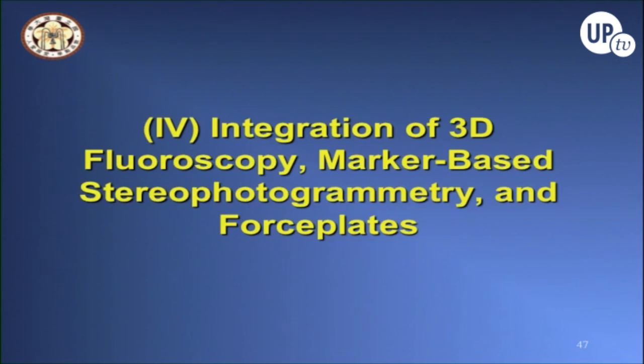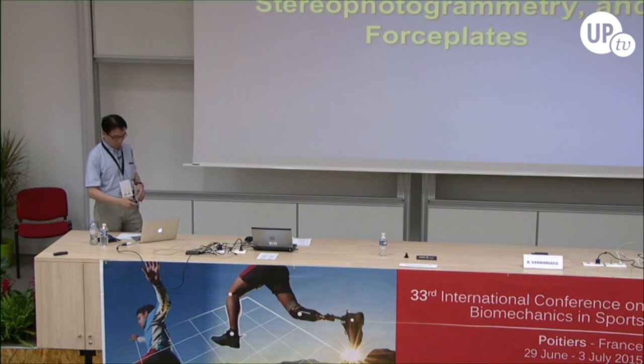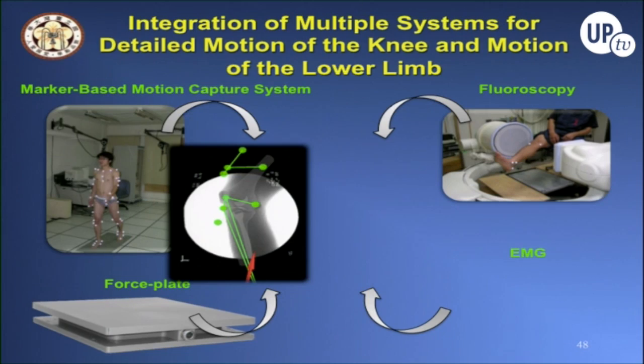Now, with these methods, we were able to measure more accurately the kinematics of the joints. And then we are interested in not only kinematics, but also kinetics and forces. So we have to integrate the 3D fluoroscopy with existing marker-based stereophotogrammetry and force plates. And if we combine these four together, well, the EMG is missing.